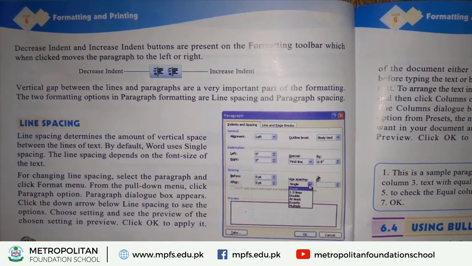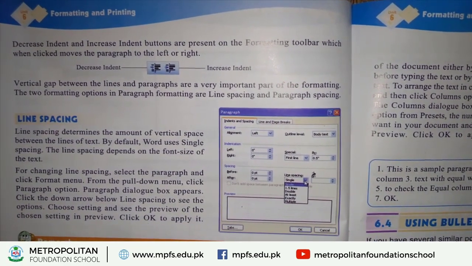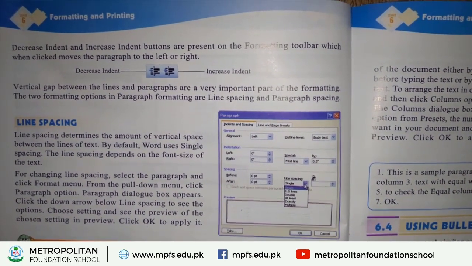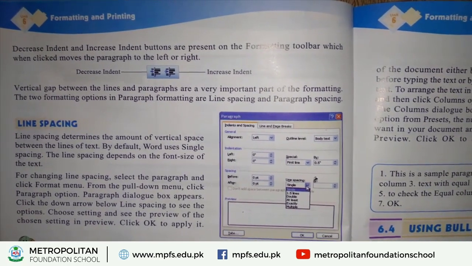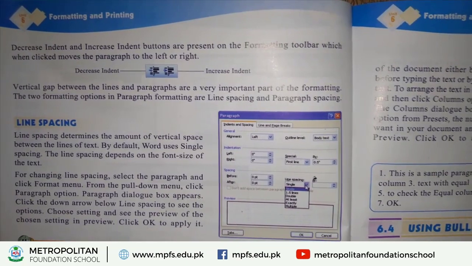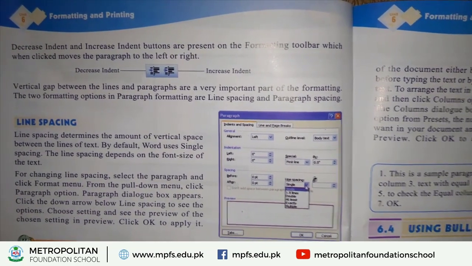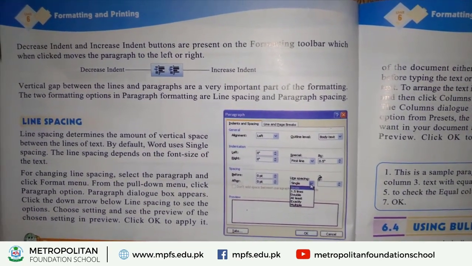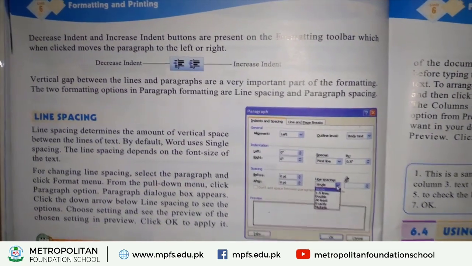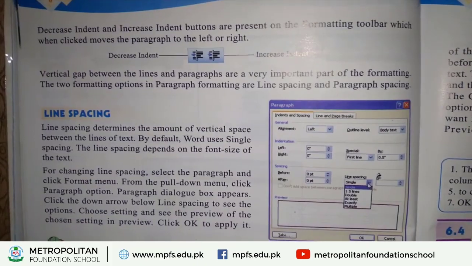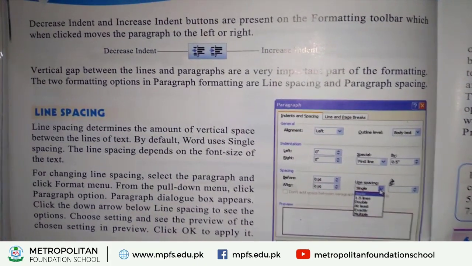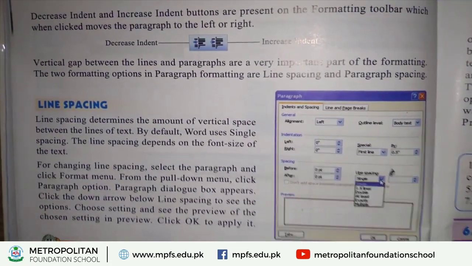We select the paragraph and click on these, which moves the paragraph to the left or right. Vertical gap between the lines and paragraphs is a very important part of formatting. The two formatting options in paragraph formatting are line spacing and paragraph spacing. Now we will switch to line spacing.